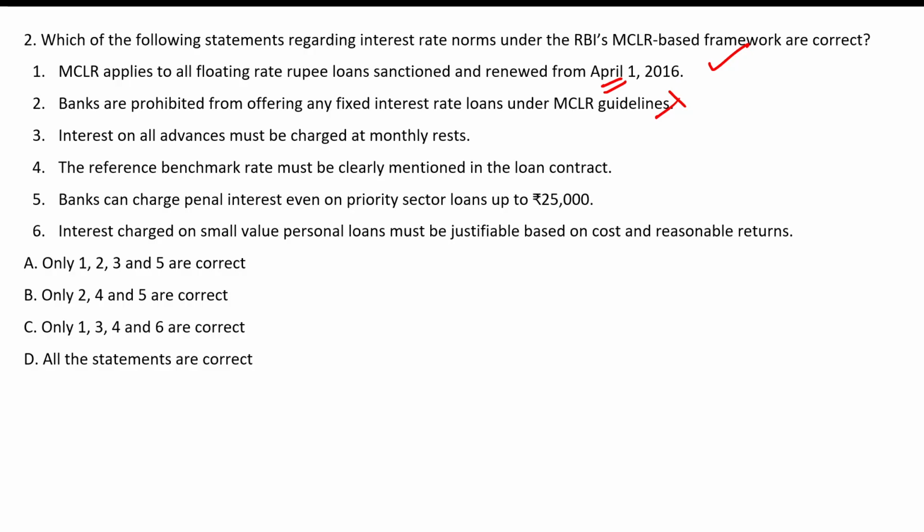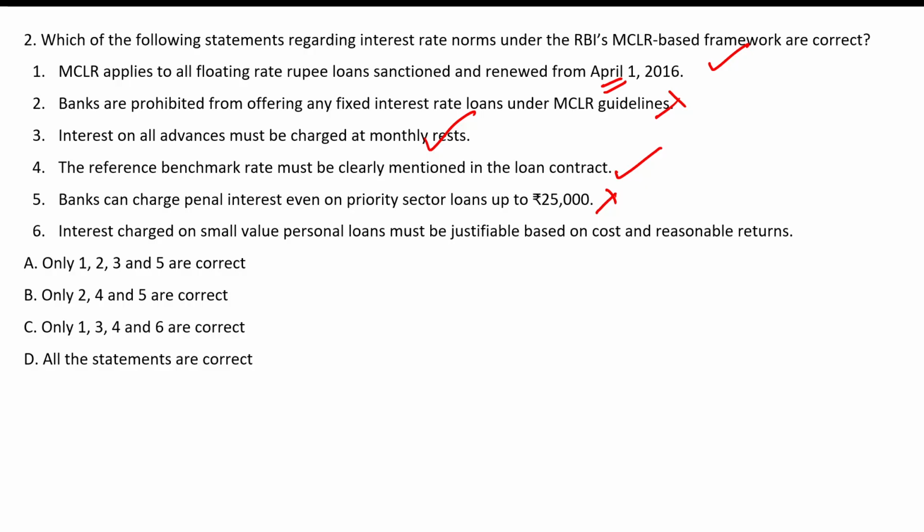Interest on all advances must be charged at monthly rests. So this is correct. The reference benchmark rate must be clearly mentioned in the loan contract. Yes, it should be there. So this is correct. Banks can charge penal interest even on priority sector loans up to 25,000. No, banks cannot charge penal interest for priority sector loans up to 25,000.